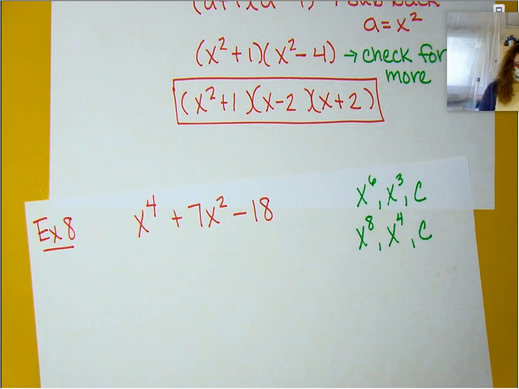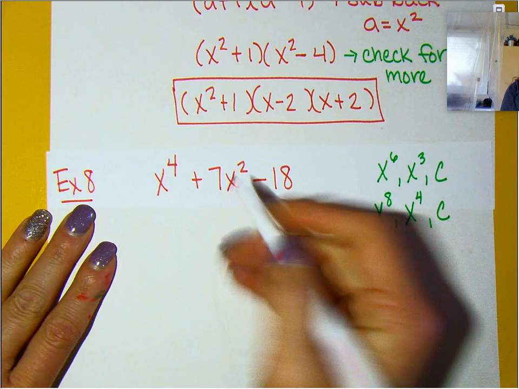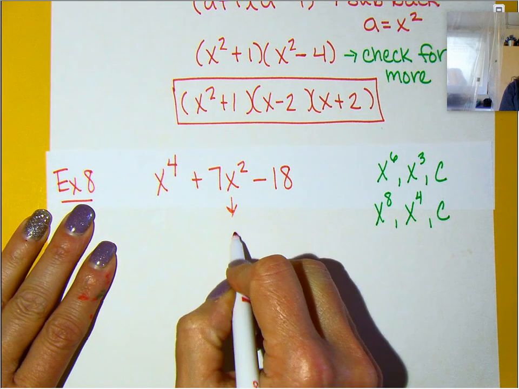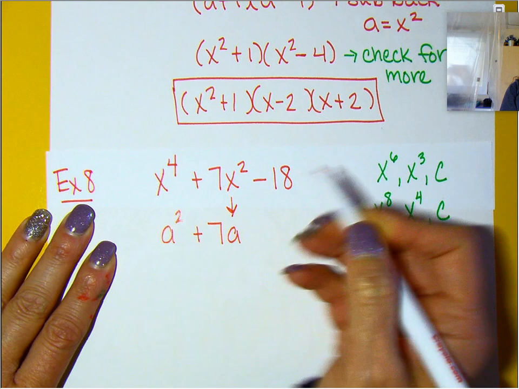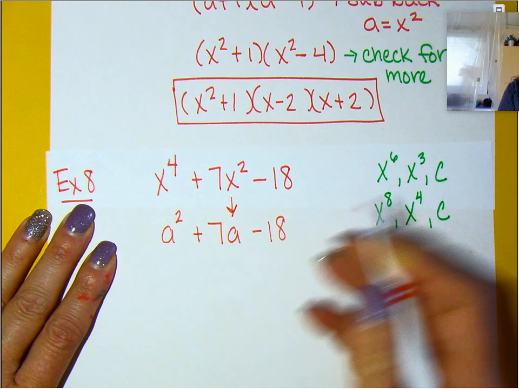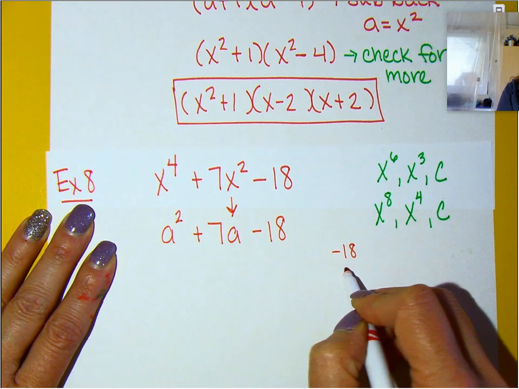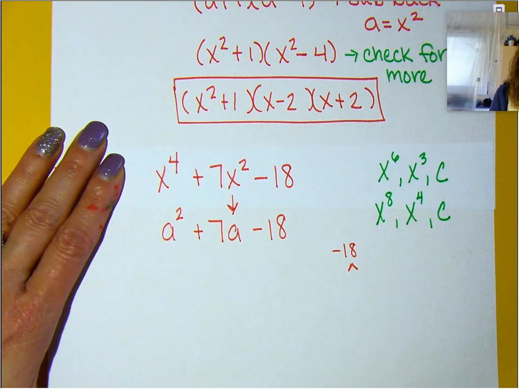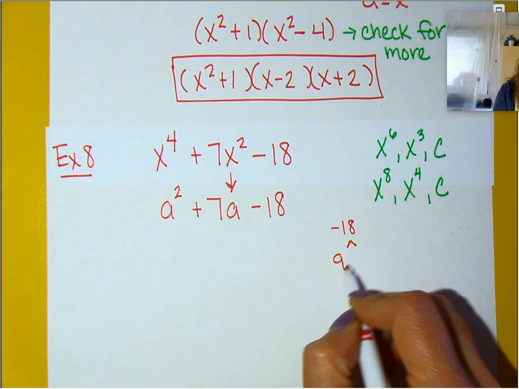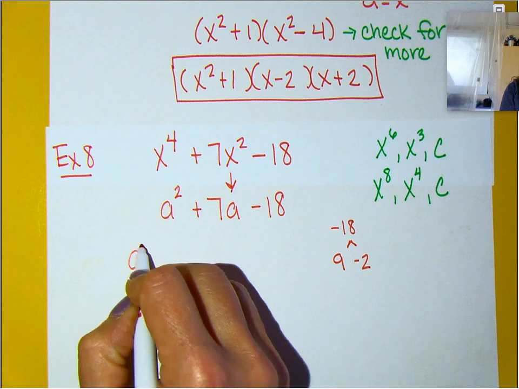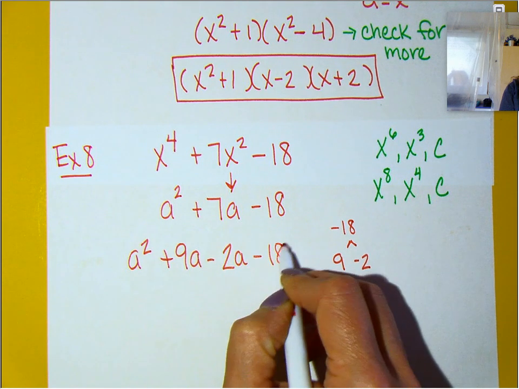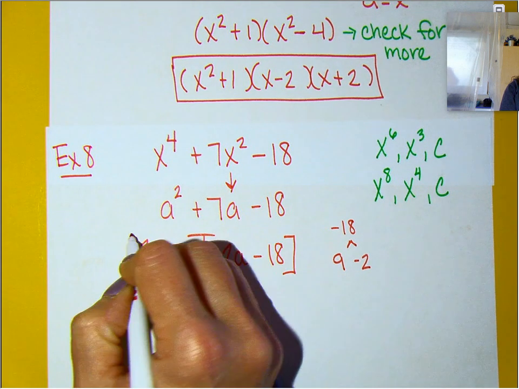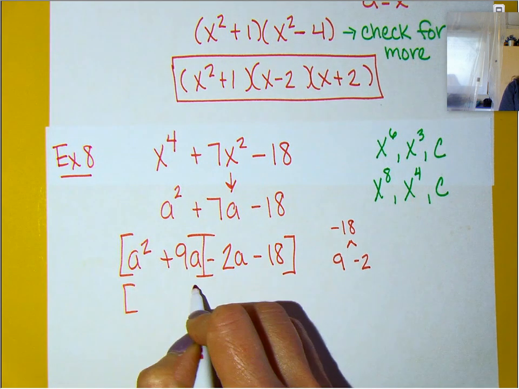All right. And, okay, so x squared turns into a, which means x to the 4th turns into a squared. And then factors of negative 18 that add up to 7. Good. So now I have a squared plus 9a minus 2a minus 18. All right, what comes out of the first bracket?